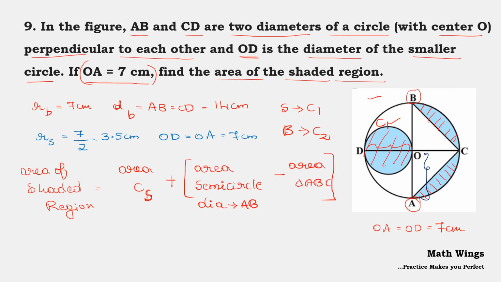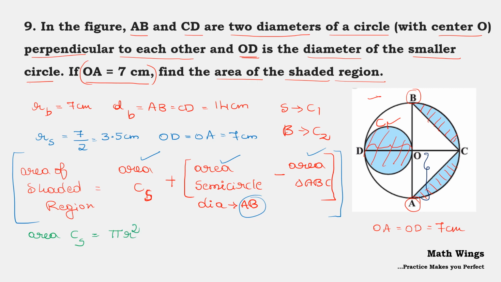So now let us find out the area of the smaller circle, the area of the semicircle with diameter AB, and the area of the triangle, so that we can substitute in this equation. Right? So first is the area of the smaller circle, that is equal to, what's this formula? Formula is pi r square.